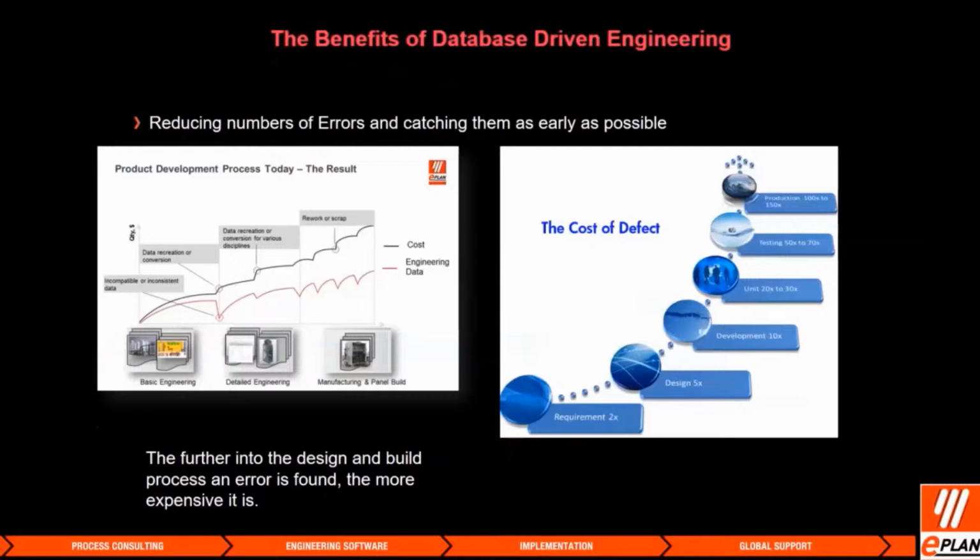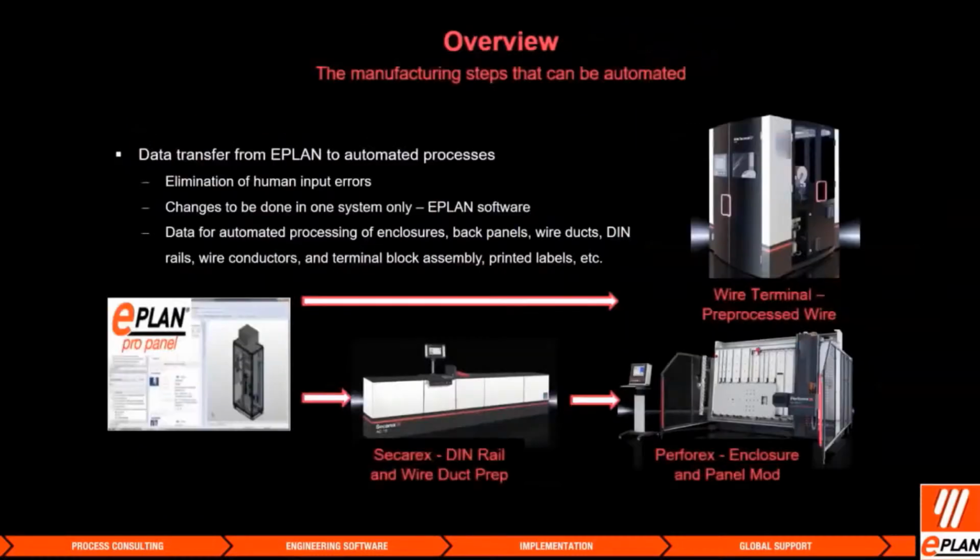Of course, the further down the manufacturing process the panel goes, the more expensive that gets. You get into testing that can be very detrimental. But certainly think about a panel being out at a customer site with a problem. Of course that increases the cost several times over.